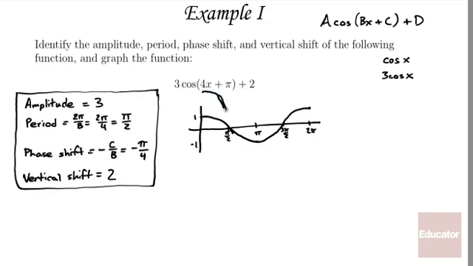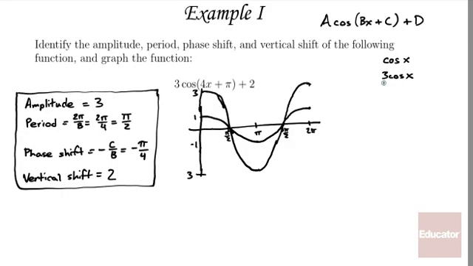So I'm going to draw the same shape graph, but 3 times as tall and 3 times as deep. So instead of going from 1 to -1, it goes down to -3 and up to 3. So that second graph I drew there was 3 cosine x.